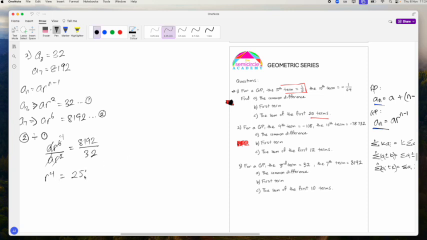And I have a feeling I know where this is going. R is going to be the 4th root of 256. R is 4.